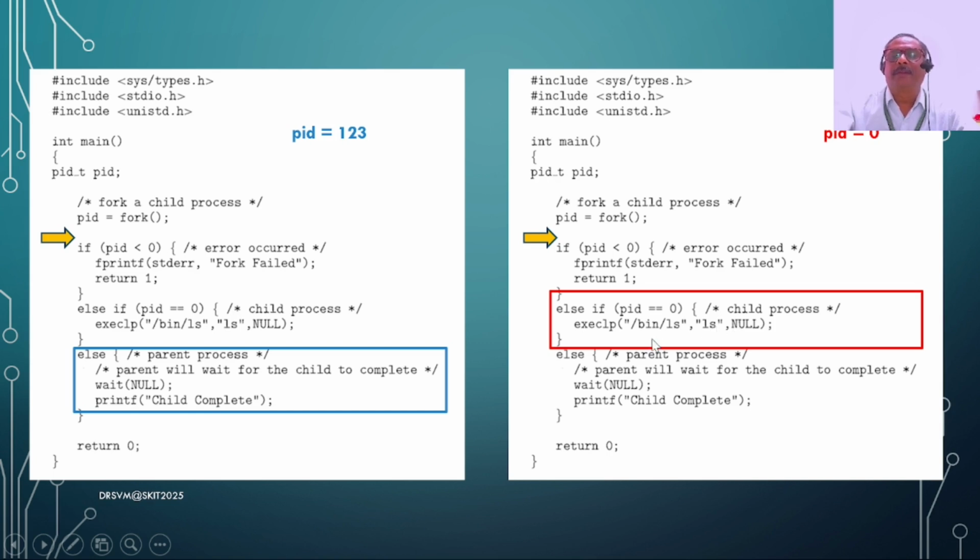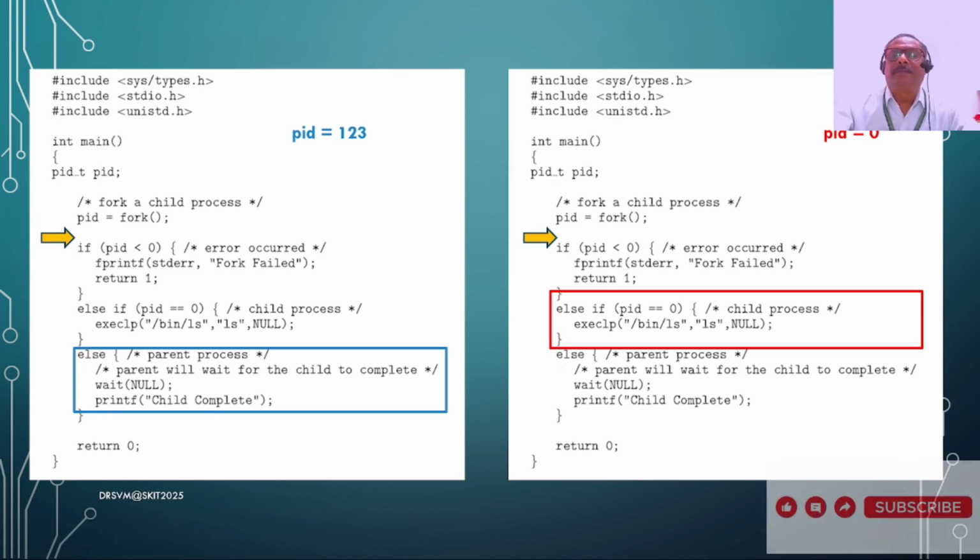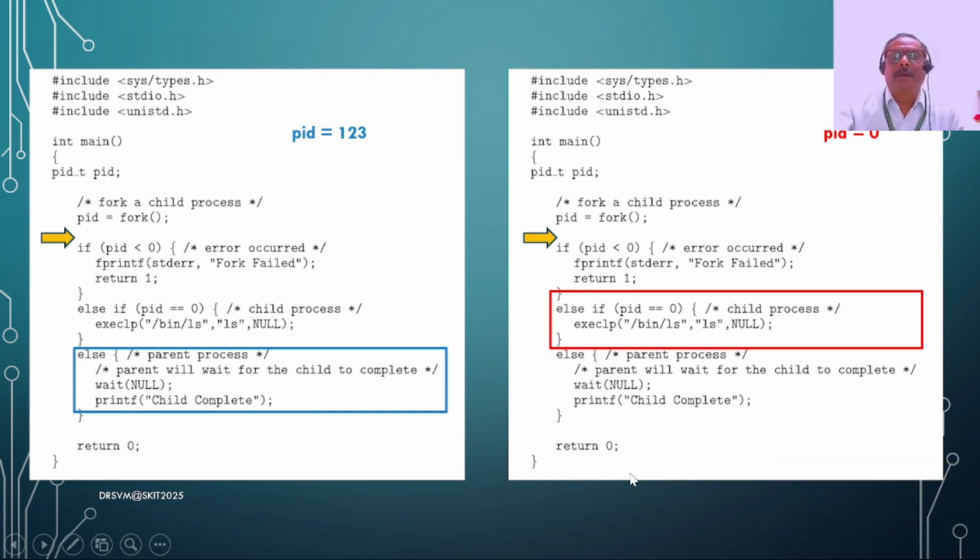And after executing this, once it is done, its work is over, and once its work is over it returns 0, and when it returns a 0, then the parent process, which was waiting for the child to complete, gets a 0 back, and when it gets a 0 back, then this part is also over. This wait also is over.